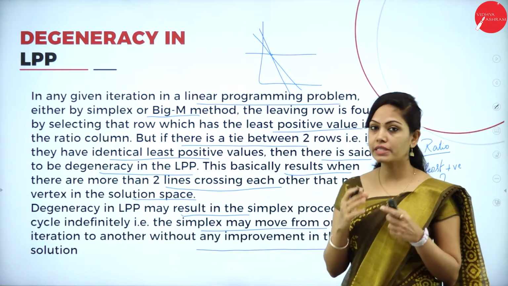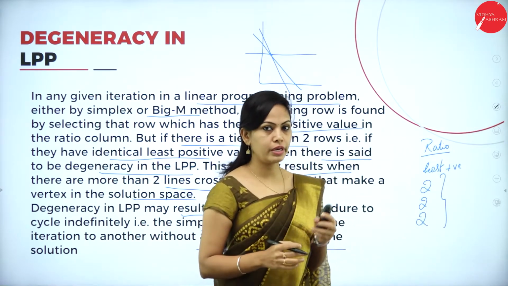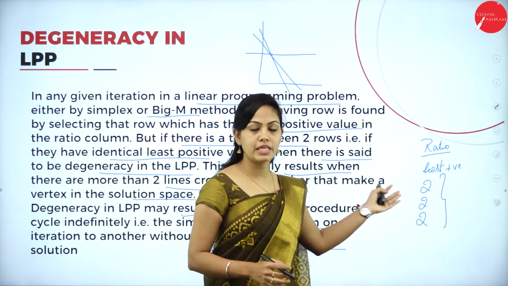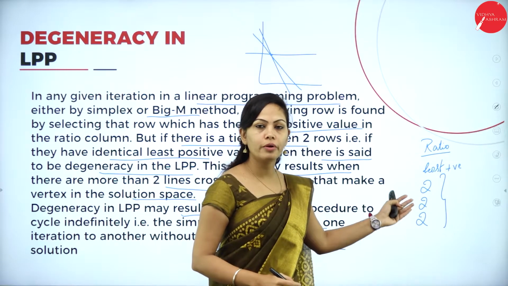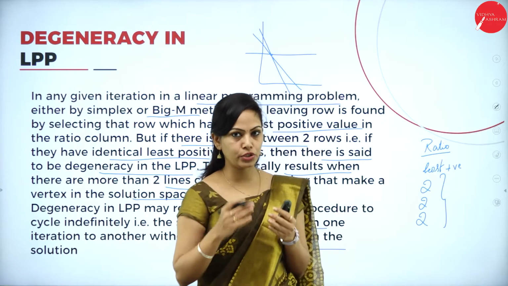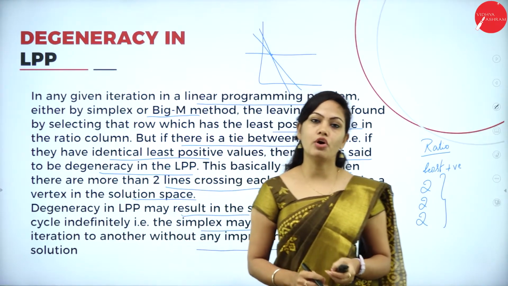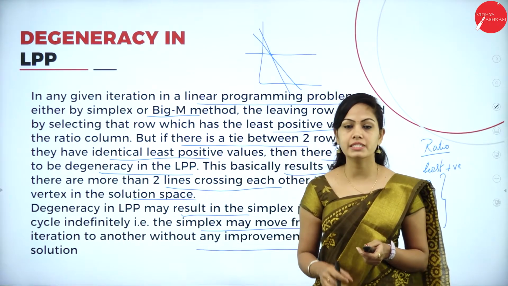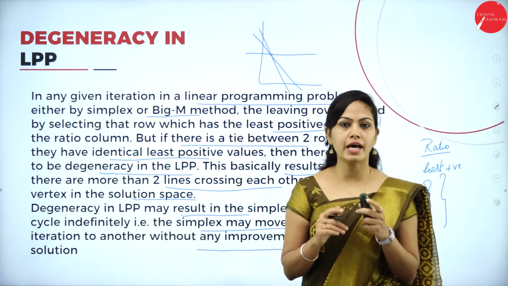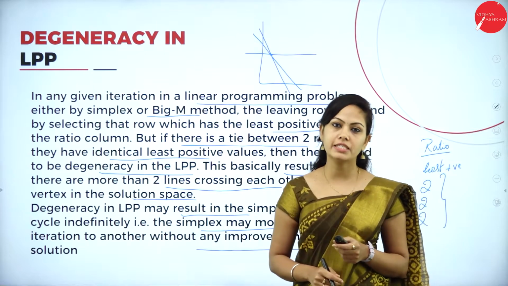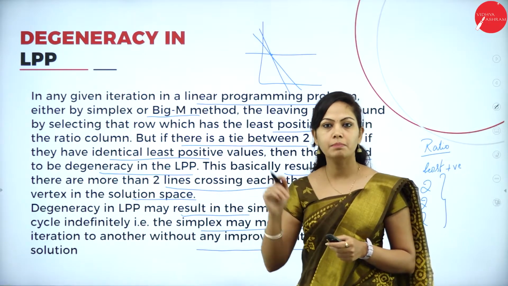So when you are selecting the leaving row, the key row, if two or more values are the same in the ratio column, that complication is called degeneracy in LPP. So now let us understand with an example of degeneracy in LPP by the Simplex method.